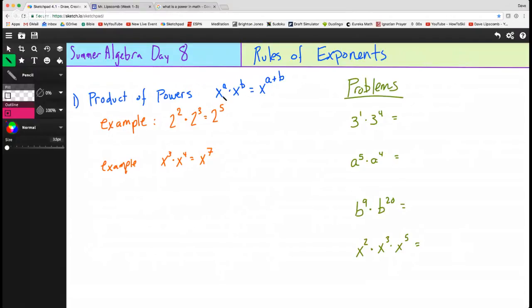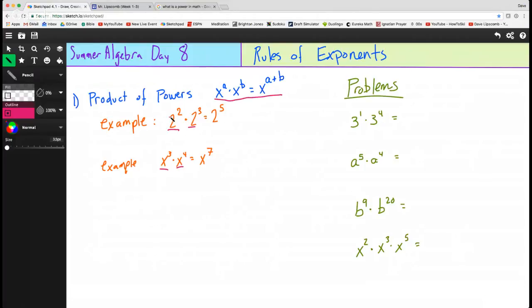So here's the product of powers. If I take 2 expressions with the same base and multiply them together, I just add the exponents. So 2 to the 2nd times 2 cubed is 2 to the 5th, and x cubed times x to the 4th, again same base, you just add the exponents.